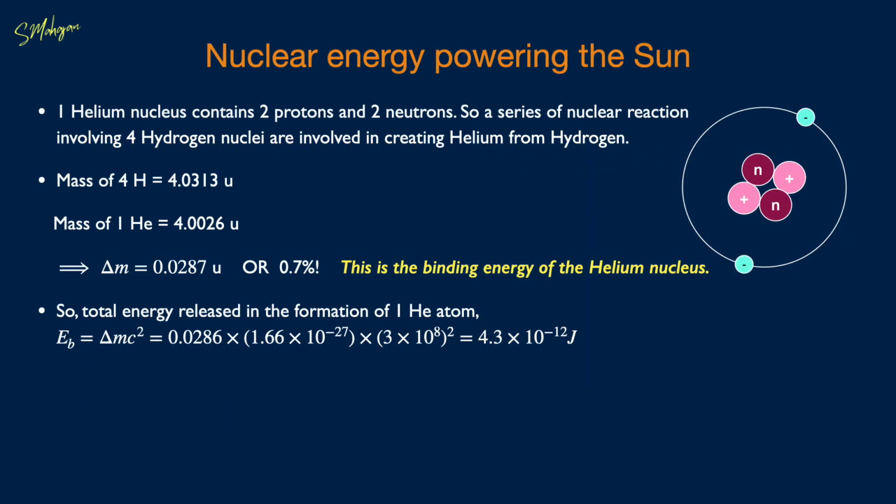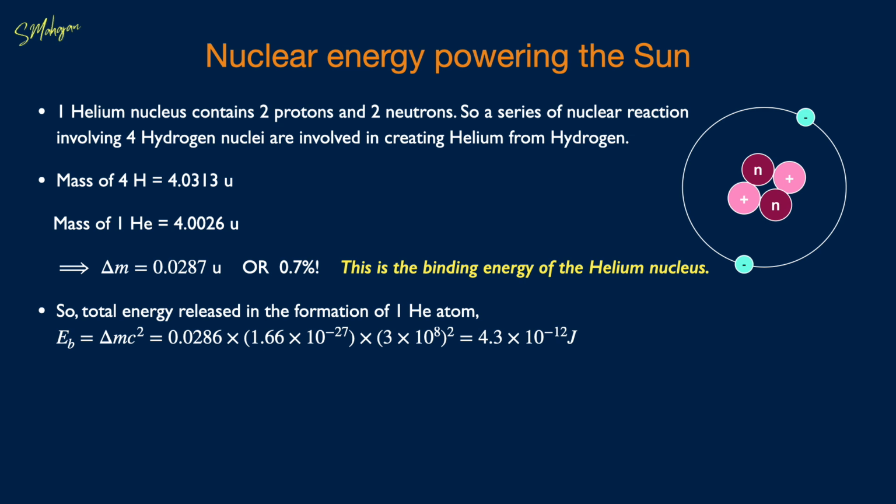Let's understand this using our Sun as an example. One helium nucleus contains 2 protons and 2 neutrons. A series of nuclear reactions that we'll discuss later in this video, involving 4 hydrogen nuclei, are involved in creating one helium atom from hydrogen.